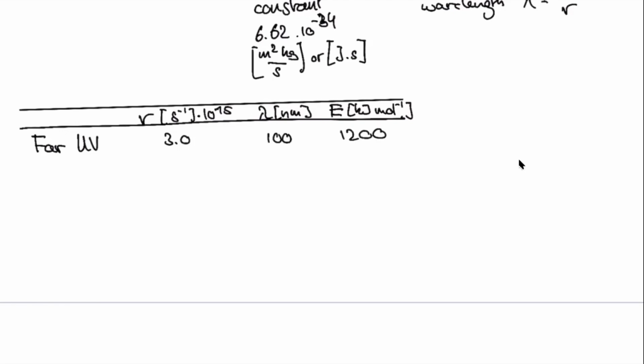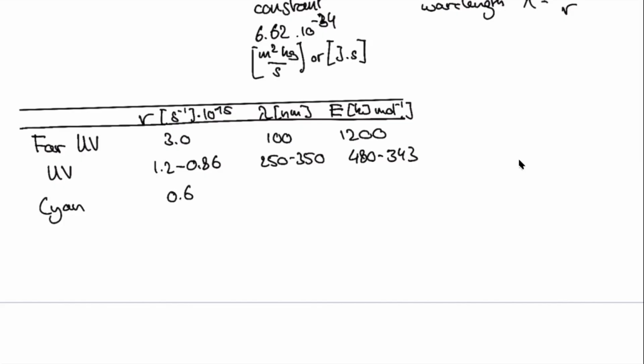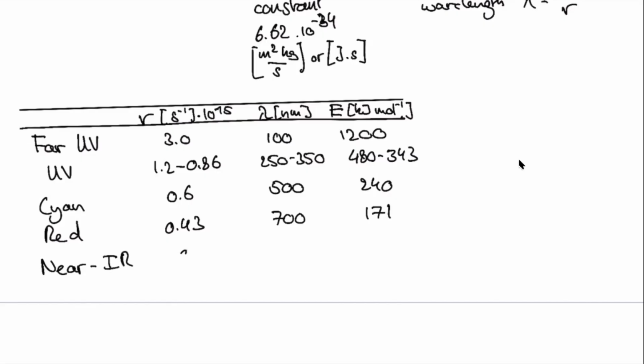That's an awful lot. UV, you're in this range, 1.2 to 0.86, 250 to 350 nanometers. Still a lot of energy. If you're in cyan, between blue and green, 0.6, 500 nanometers, 40. Red, energy is going down. At 700 nanometer light, 171, and then you have near infrared, 0.3, wavelength about 1000, and the energy is going down. These are some typical energies involved in these processes.